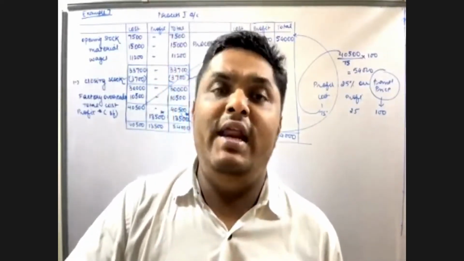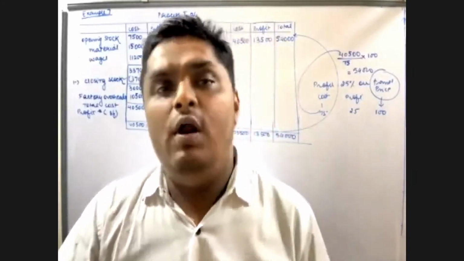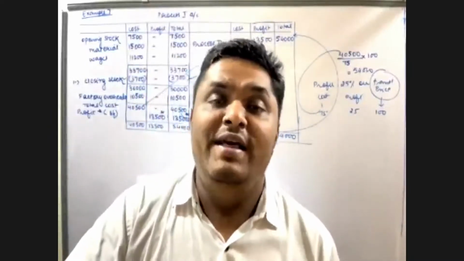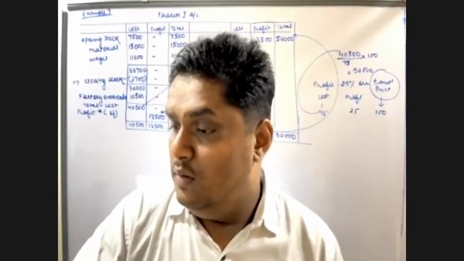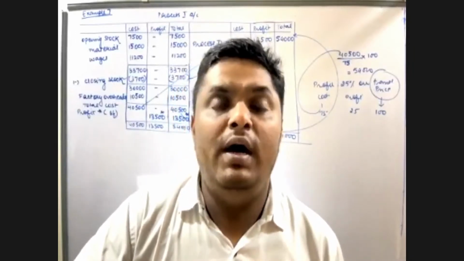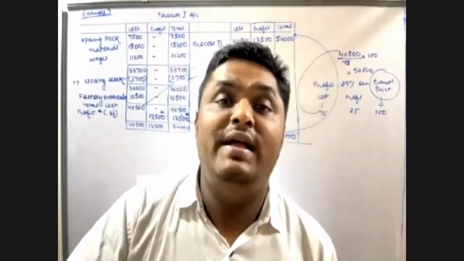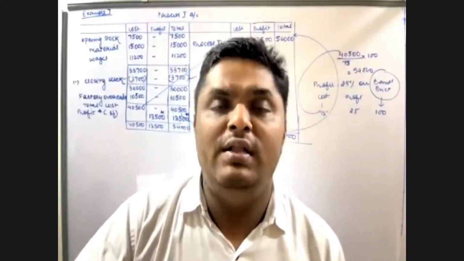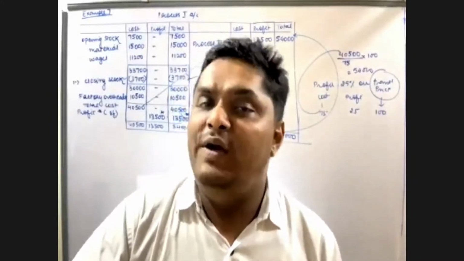So wherever inter-process profit is involved in any question, we will prepare the profit column. If no information is given regarding inter-process profit, then only two columns, units and amount. So I repeat again, Sushil Kumar, wherever the question says there is some inter-process profit involved in transfer from one process to another, we will prepare the three-column table, that is cost, profit and total.